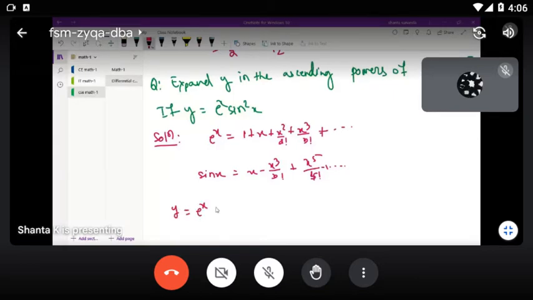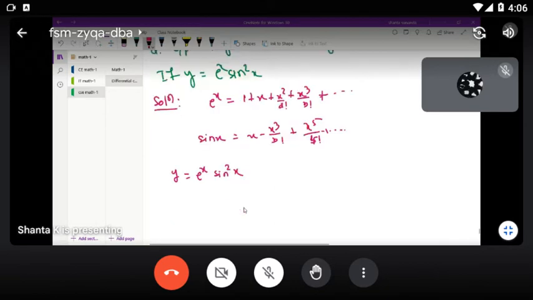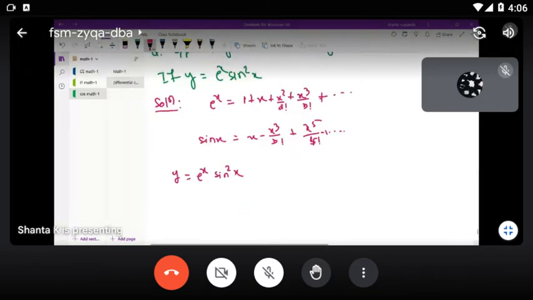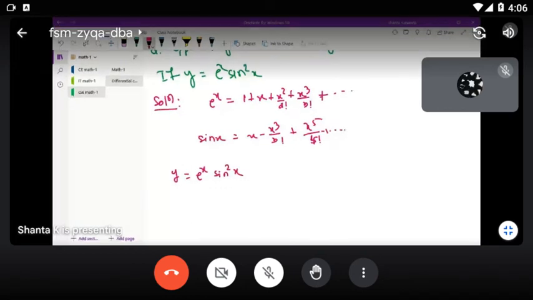Now y equals e power x sine square x. So here you can write down the series there. So it will be 1 plus x square by 2 factorial. See, the standard form also you can do.